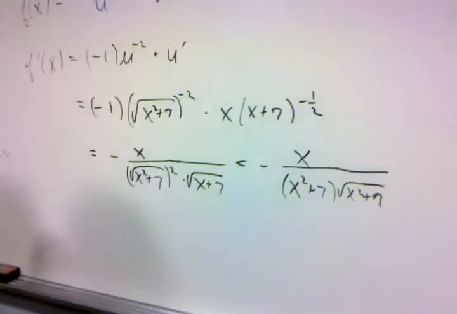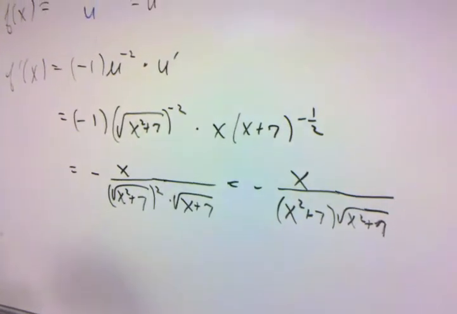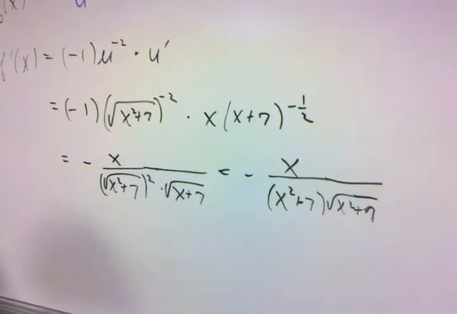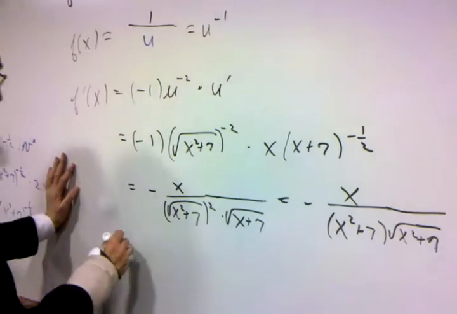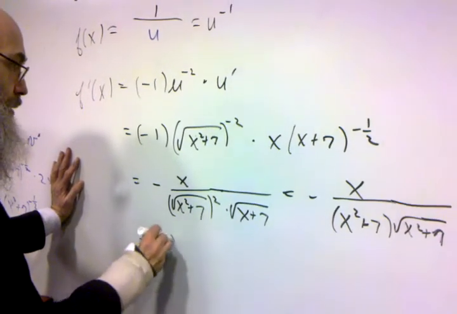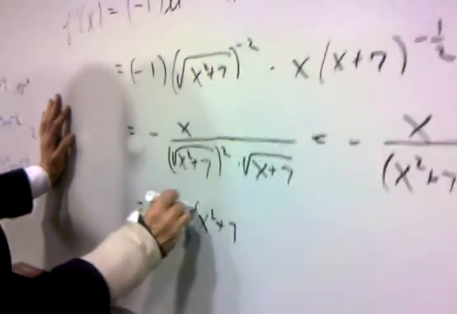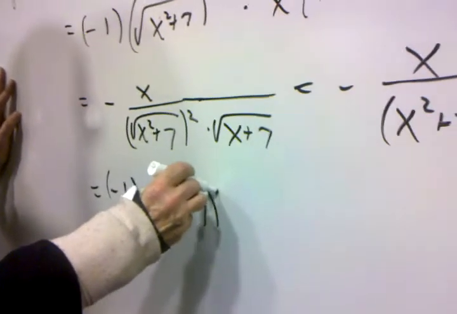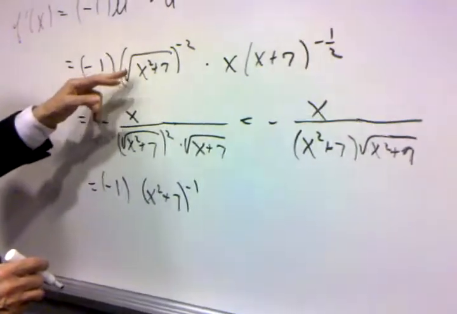This is one possible way to write it. I wish to write it another way since we wish to take yet another derivative. I'm going to go back to this line. This equals negative 1 times x squared plus 7 to the negative 1. This is the half exponent, this is the negative 6.